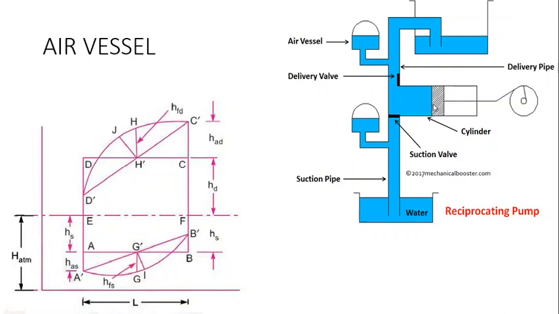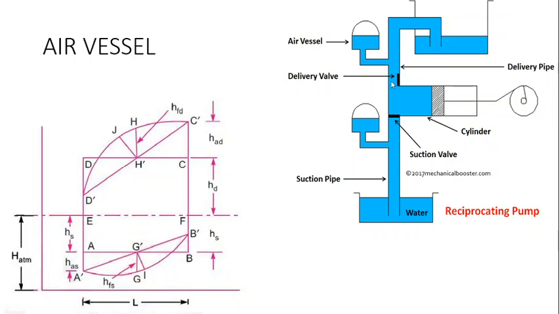And similarly, during the other half of the stroke, that is from 90 degrees to 180 degrees, the piston retards, which means the velocity with which the water leaves the piston will be less than the mean velocity.